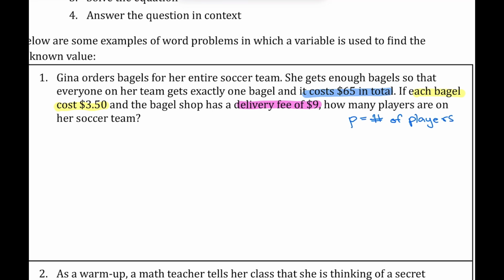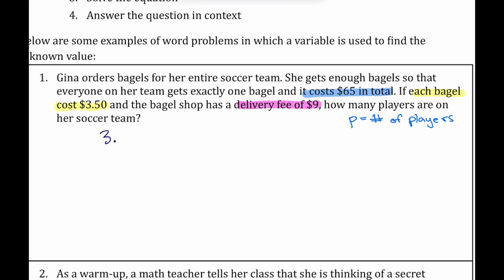And so now that we've defined our variable, we can take a look at the information and use that to set up an equation. So the first thing we want to look at is the cost of the bagels altogether. So we know that if the bagels cost $3.50, then we would multiply that by the number of players on the team, right? And that's our variable P. So $3.50 times P is the total cost of the bagels.